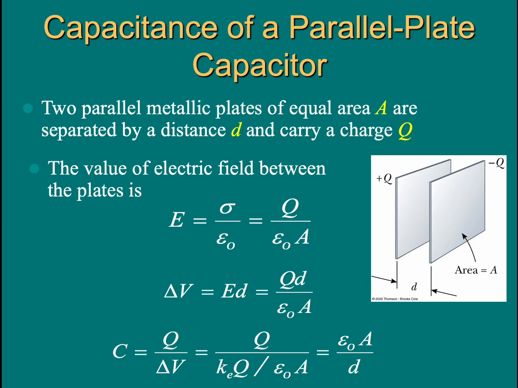So we can calculate capacitance by dividing charge with potential difference. We'll have a cancellation of Q, and then we end up with the equation. The capacitance of a parallel plate capacitor is given by epsilon naught area divided by d.